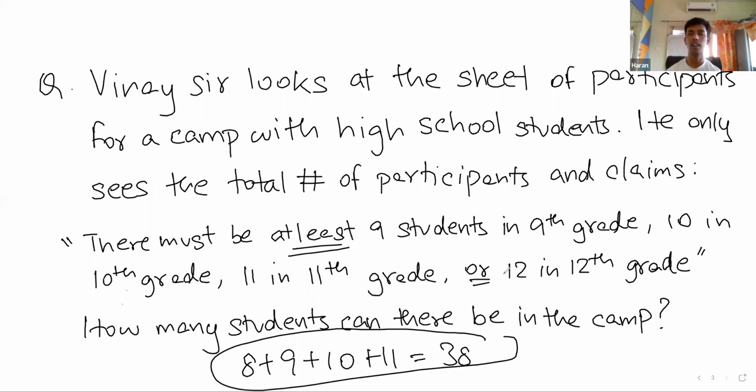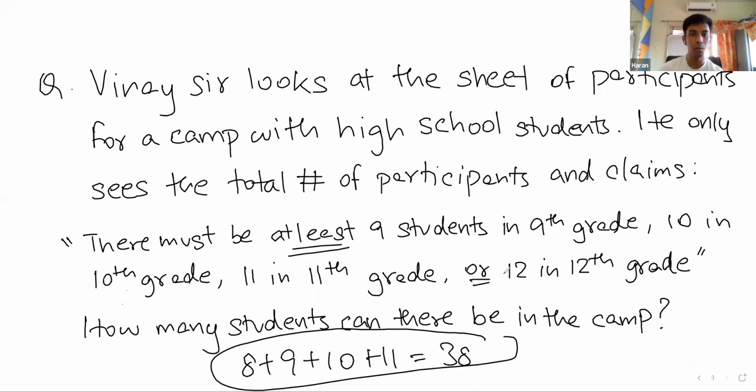39 is right because note that we haven't assumed anything else. All we said is, if this is not true, what's the maximum number of students there can be? It's 38, right? Because we just took the negation of what Vinay sir said, and the maximum number of students there can be in the case where Vinay sir is not right is 38.